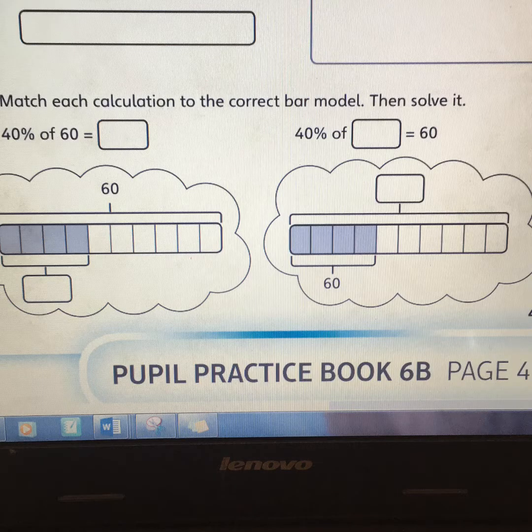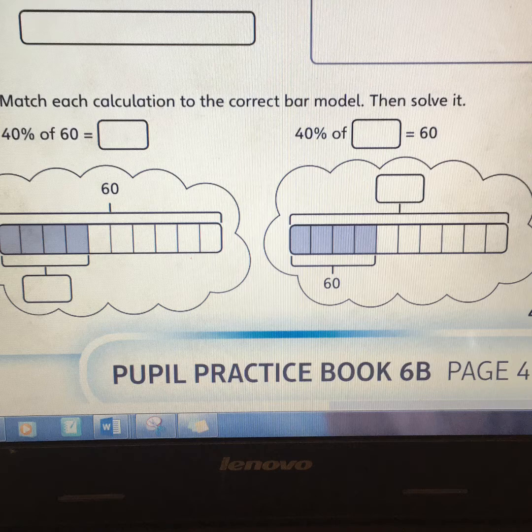Okay, so with this one then, you need to match the calculation to the correct bar model. So 40% of 60. This tells me that the whole is going to be 60. So this is actually the bar model on the left, the one underneath the question, because it's telling me that the whole thing is 60 and I want to work out 40%. So this is what we were doing the other day. So first of all, you need to work out 10%.